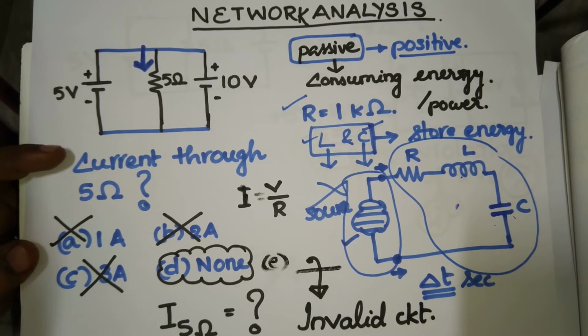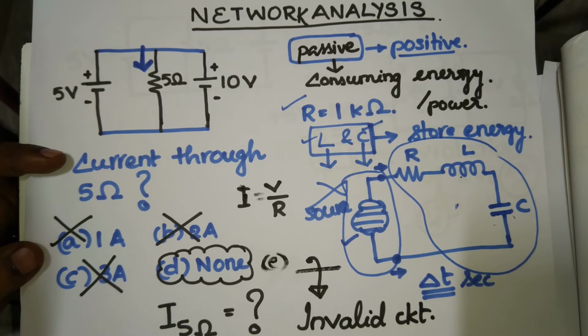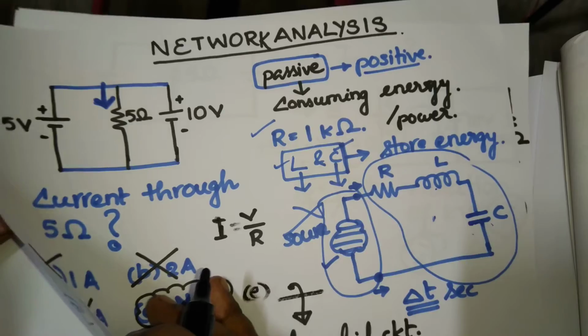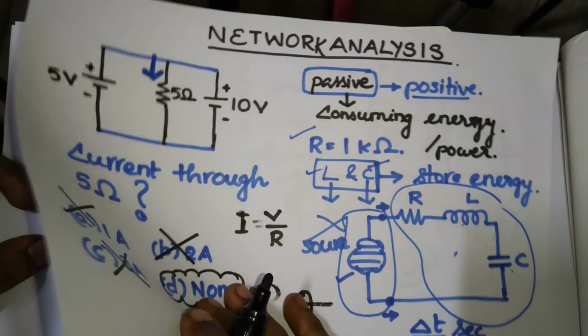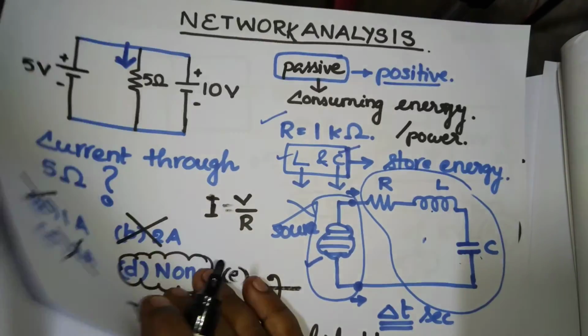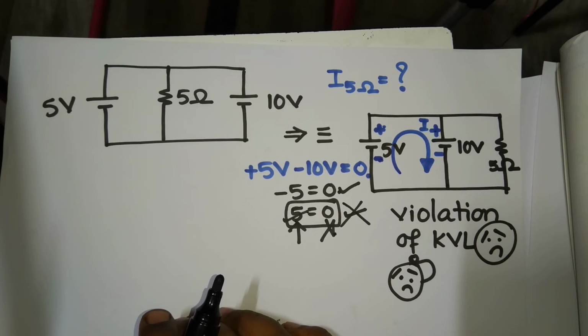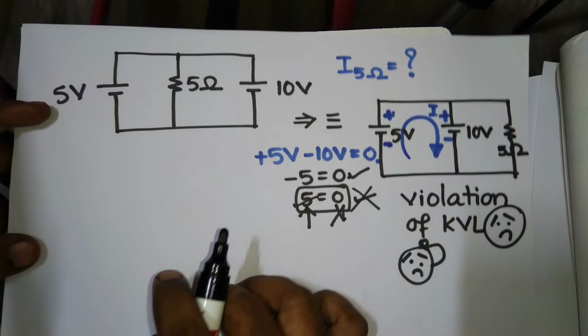You cannot connect a circuit where violation of KVL or KCL happens. Never. KVL and KCL should not be violated. Of course, you have to see to that in every circuit design, these Kirchhoff laws must hold good always. So the final answer for this question is invalid circuit.